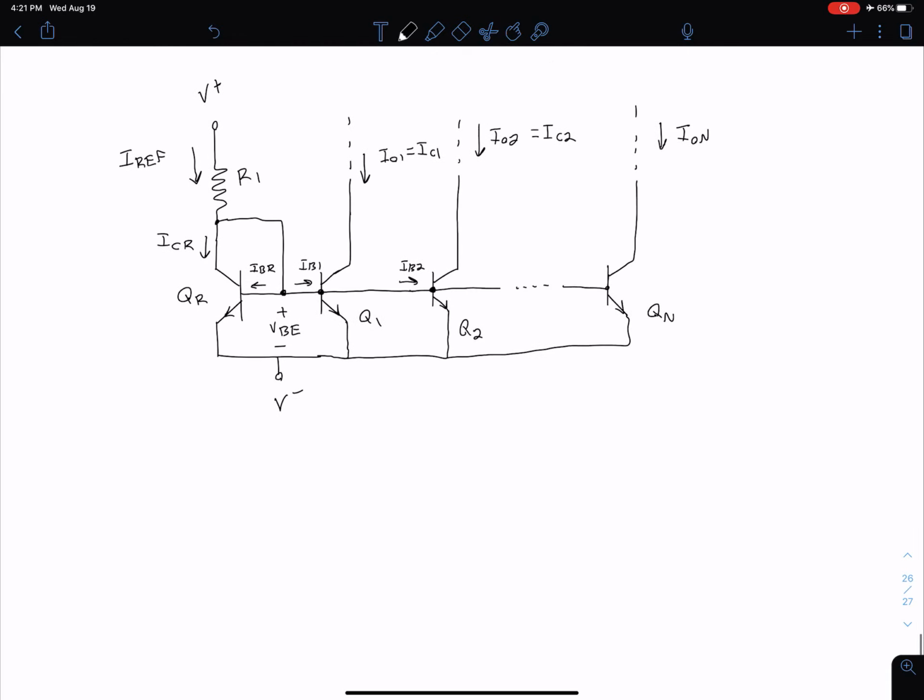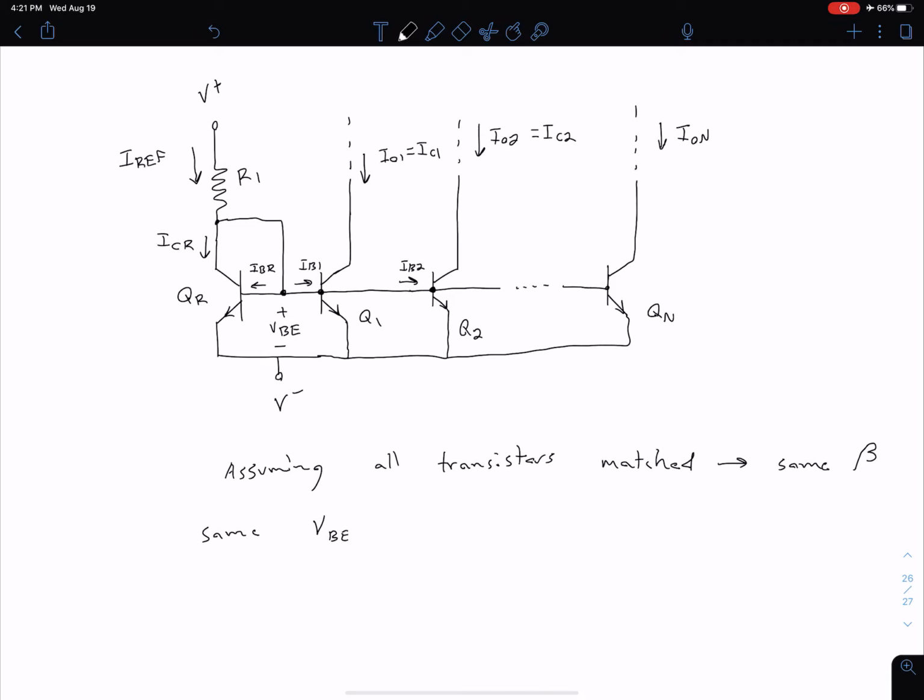We're still going to assume that all these transistors are matched, which of course means they're identical. Part of that, as we defined back at the start of this series, means that they have the same beta. Like we said a second ago, all of these transistors also have the same base emitter voltage.